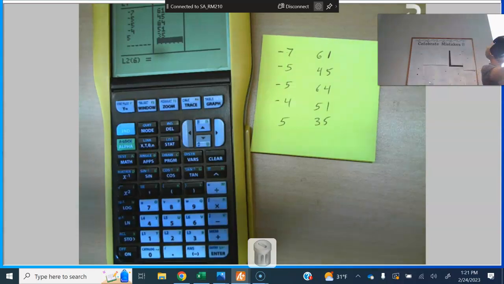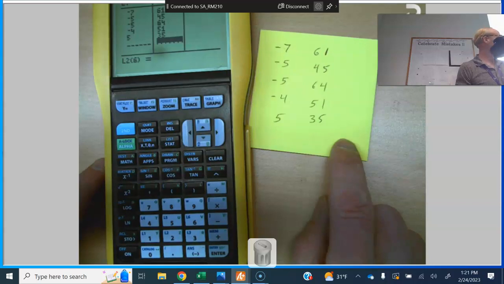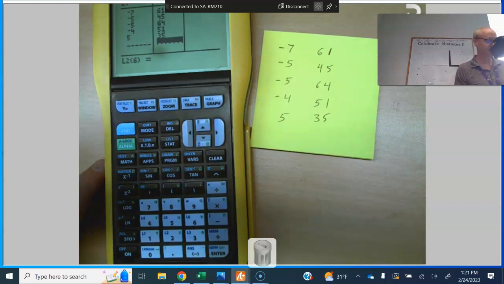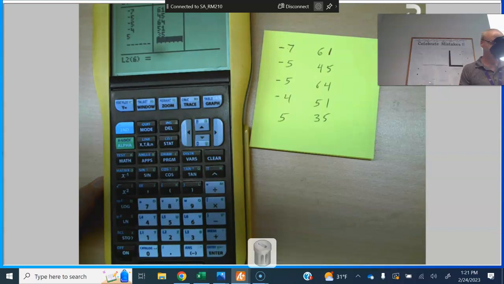Most of the steps that I'm taking are the same that you guys do for your exponential regression as well. It's almost the same thing.